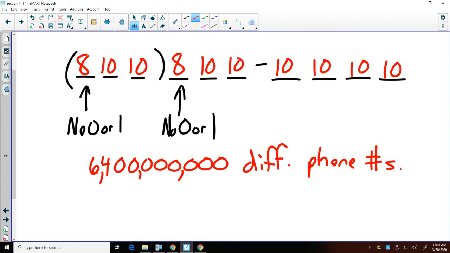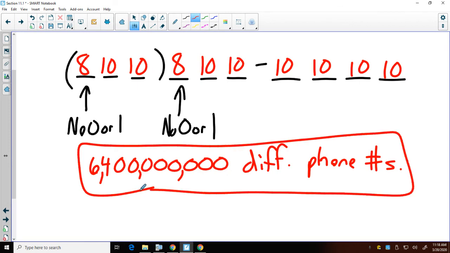So even though this is a very finite number, just remember that we have people that are too young to have phones, and we have people that are passing away, and their numbers now become available and things like that. So there you go. Kind of interesting, talking about what's really possible for us. All right. And that is 11-1.